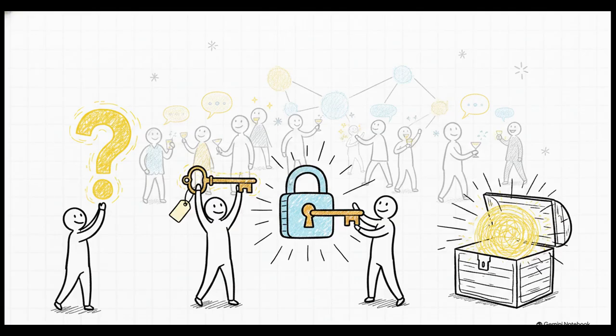Meanwhile, every other word is holding up a little tag explaining what information it has to offer. That's its key. Now, if a query and a key are a good match, kind of like a physical lock and key clicking together, the model grabs the value, which is the actual contextual information, and passes it right along. This brilliant filtering mechanism is exactly how the AI navigates complex, long-distance relationships in text.